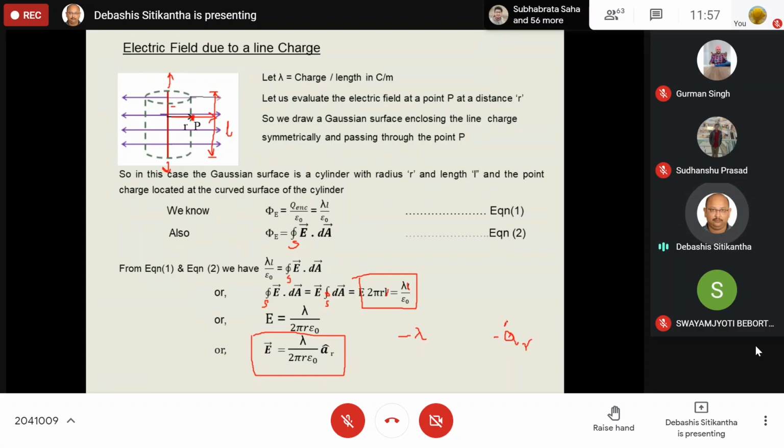In both ways, I can express the electric field at a point P, which is located radially at a distance of R from the line charge. Okay, so is there any doubt? Is there any doubt? I hope everybody has understood it.